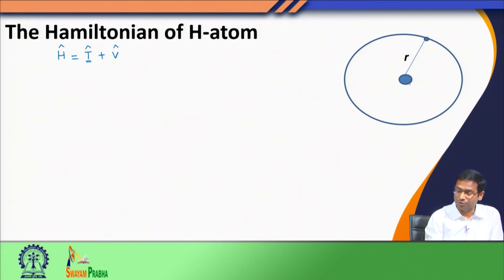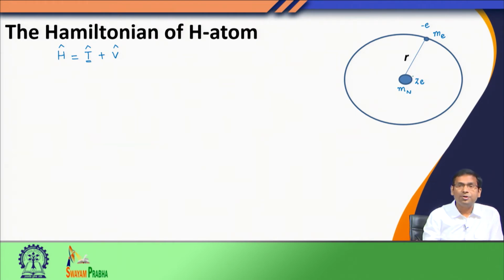Here I have the nucleus with mass Mn and charge Ze. Of course, when we are talking about the hydrogen atom, Z or the nuclear charge is 1, but we are keeping it general. And here is the electron with mass m_e and the charge as minus e.